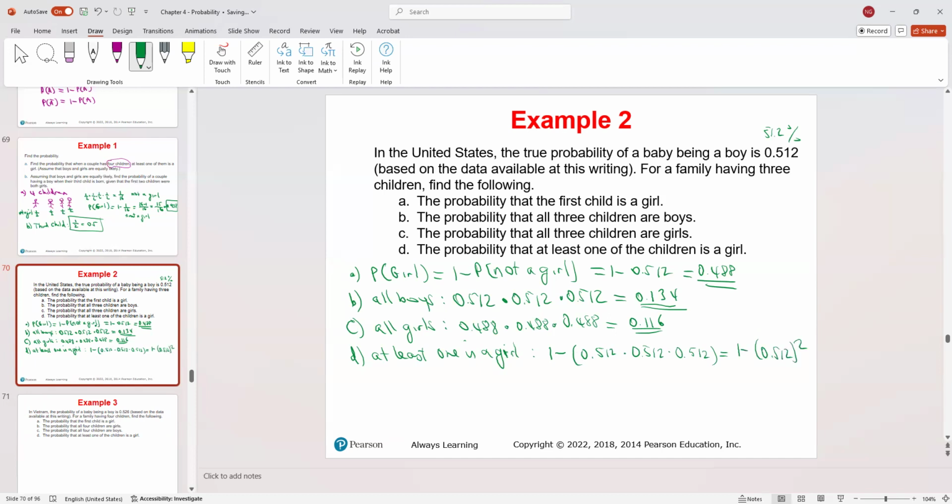When you do that, you'll find the probability that at least one of the children is a girl is 0.866, or we can say it's 86.6%.